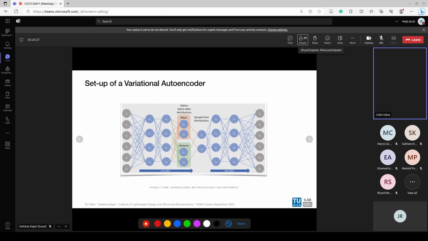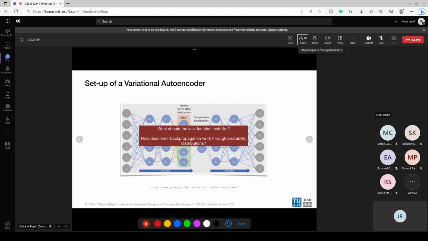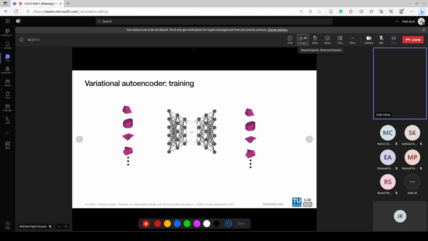So here we have probability distributions defined over their mean and their variance, and then we sample from these distributions, and this is what gives us the continuity. The question is then, what should the loss function maybe look like if we have this distribution? And how can I do error backpropagation through a probability distribution? So these are things that are then different for the variational autoencoder, but in principle, it works in the same way.